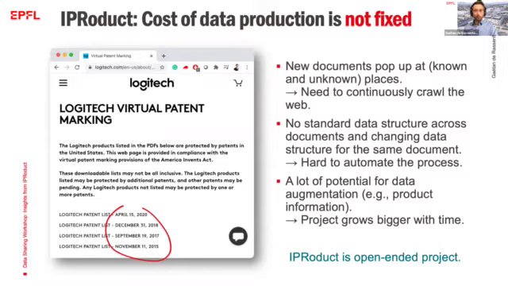Okay, so iProduct is an open-ended project, which then brings our main challenge. Before that, there is a question by Adam on, do we know anything about the relative prevalence of VPM and physical marking? So very little information about physical marking.